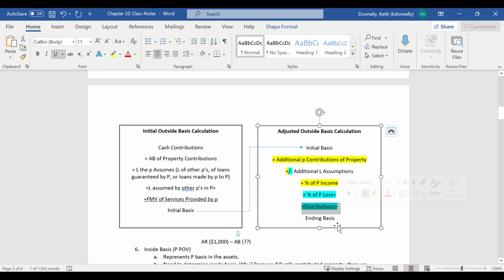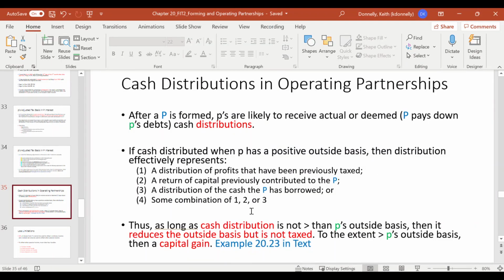If you get stuff pushed out to you, your basis is going to be smaller. It's kind of like if you buy Apple stock for 400 and you get 100 pushed out to you. You're not going to have a capital gain there. You're just going to reduce your basis by $100. In the same way, when we're doing partnership basis calculation and distributions come into play, they're generally not going to be taxable. They're just going to reduce your outside basis.